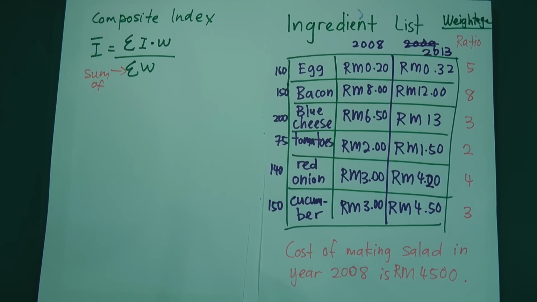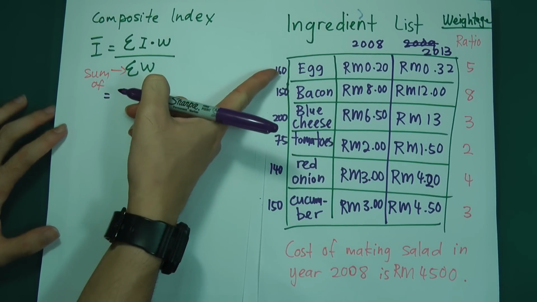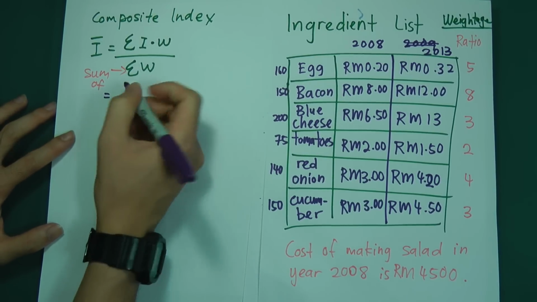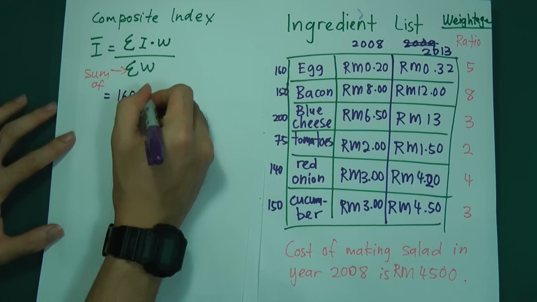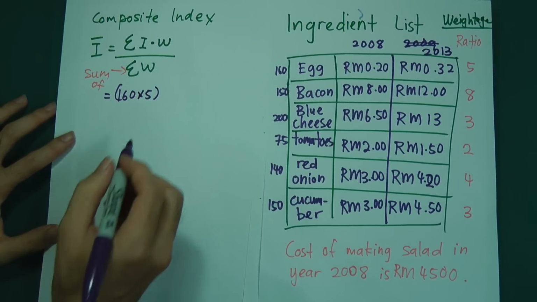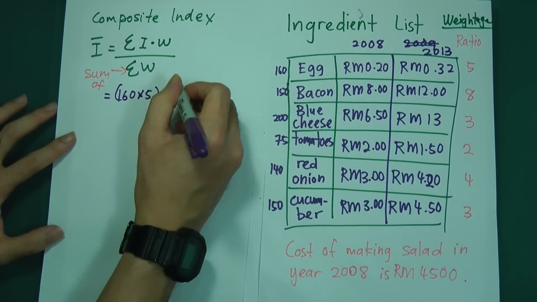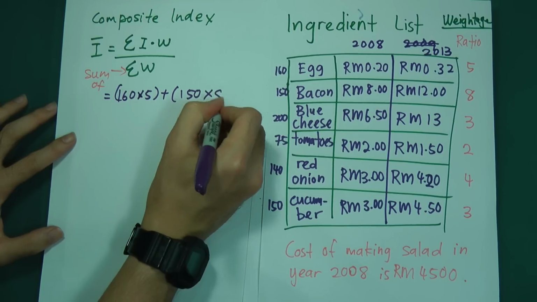Of course, it's very simple. If you have learned statistics, this should be no problem for you. So I'll just roughly work it out. For ingredient A, the index number is 160 and the ratio is 5, so I multiply by 5. Plus the second one, bacon: index number is 150, ratio is 8.